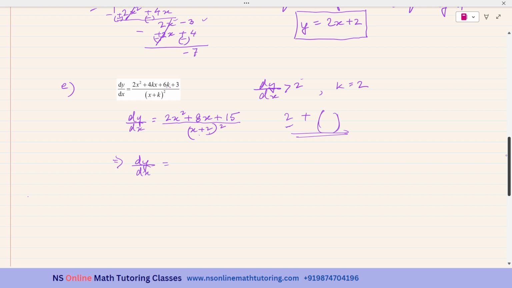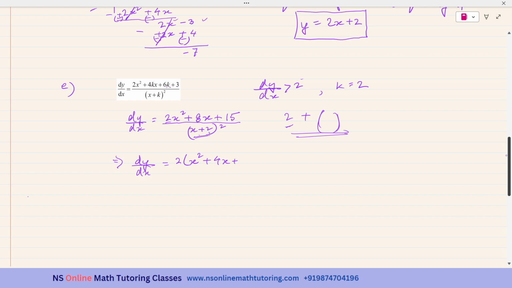So I need x plus 2 whole square. If you expand this, it will be x square plus 4x plus 4. So I have taken out 2 because I need 2 times x plus 2 whole square. So I'm writing x square plus 4x plus 4. This is what I need.